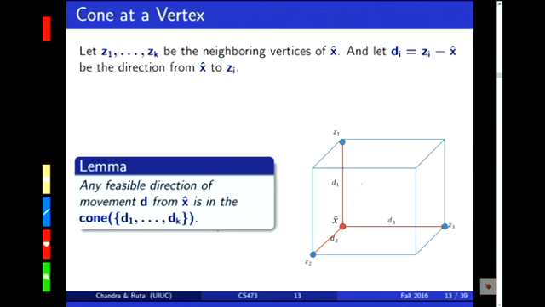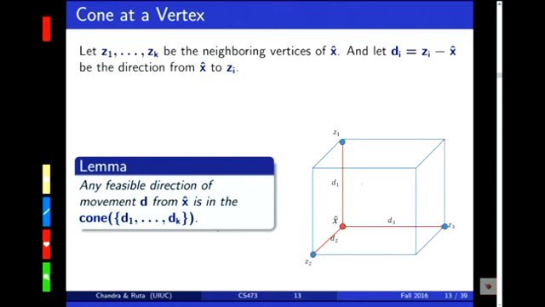So this is very nice, right? Because we don't know what x star is, but if you want to move from x hat to x star, that direction is in the cone of D1, D2, D3.